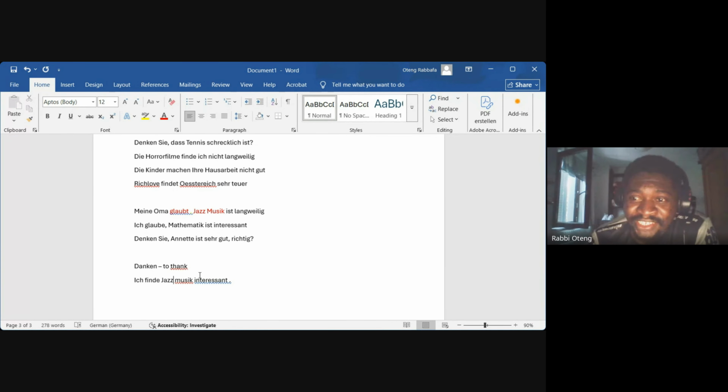Because it needs objects. So the verbs that need objects, you can merge the objects with whatever thing you want to talk about. But because I believe, oh, I believe can stand on its own.